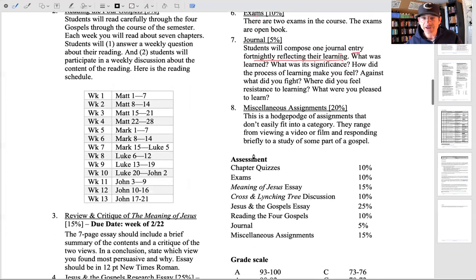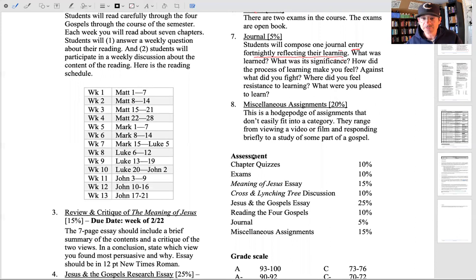Then miscellaneous assignments. There are a number of assignments that are not listed in the syllabus, but they fall under this category of miscellaneous assignments. This is a hodgepodge of assignments that don't easily fit into a category. They range from viewing a video or a film and responding briefly to a study of some part of the gospel. And so one week will be different than the next week.